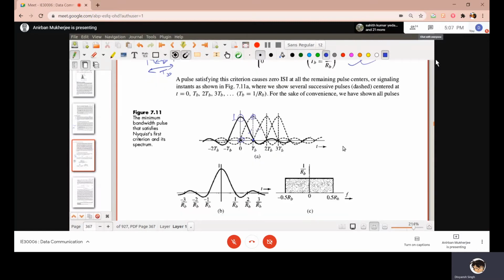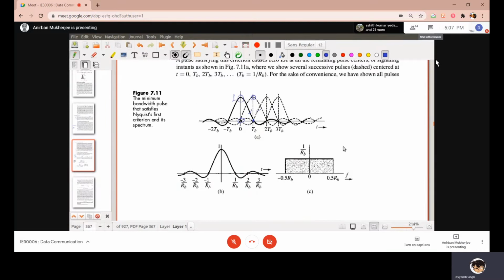So for the sake of one minute, say this is my pulse p(t), and it will have zero crossings at 1 by RB, 2 by RB, 3 by RB, or TB, 2 TB, 3 TB, like that.